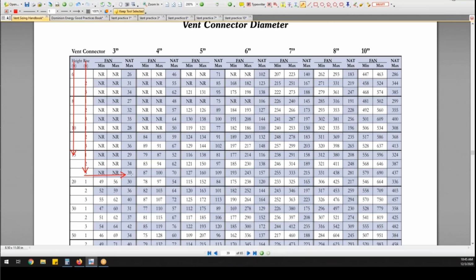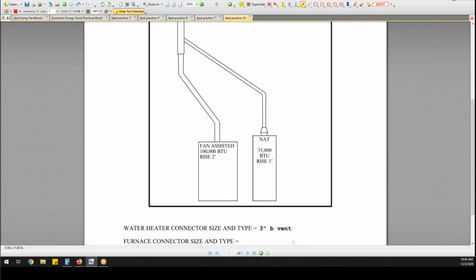And single wall will handle 39,000. So let's go back up here. 3-inch B vent, or 3-inch single wall.